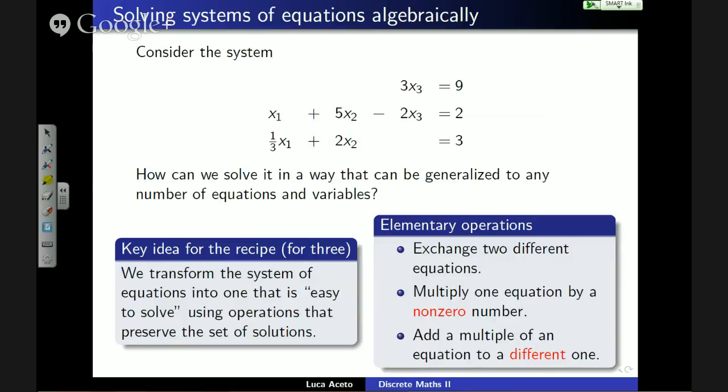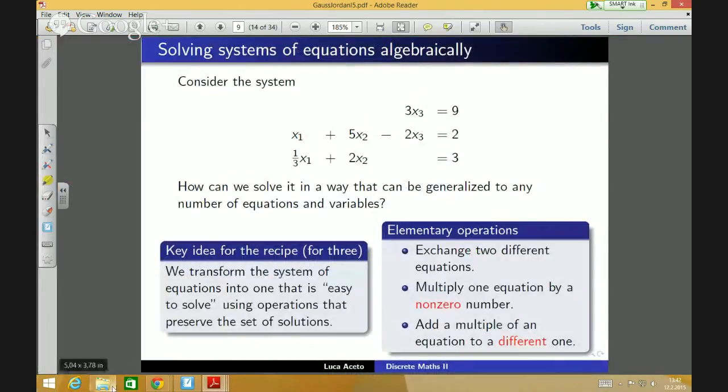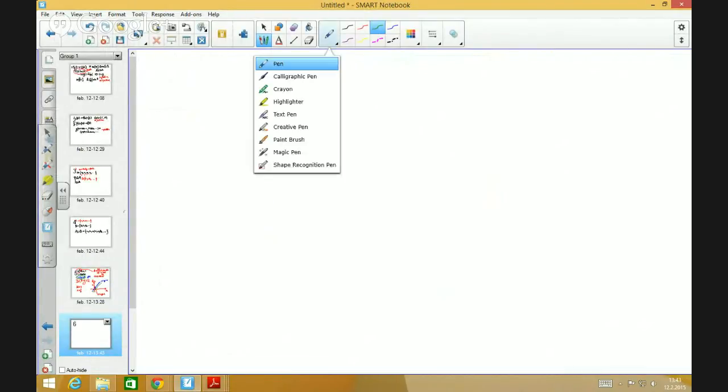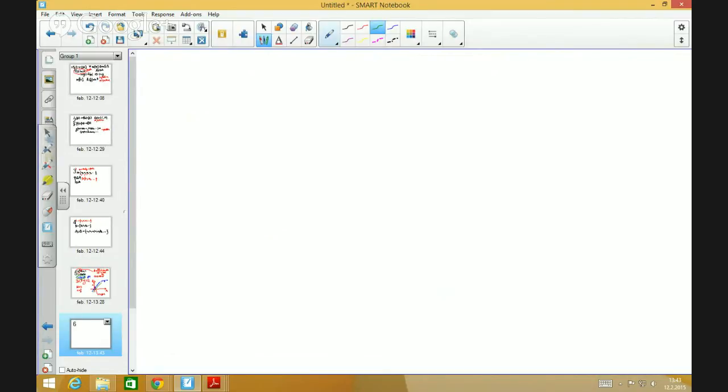Okay, so let's see first of all why this doesn't change the solutions. We are going to do it for a single equation in two variables, but then this generalizes. So suppose that I have ax plus by is equal to c. And suppose that the vector (s1, s2) is a solution.